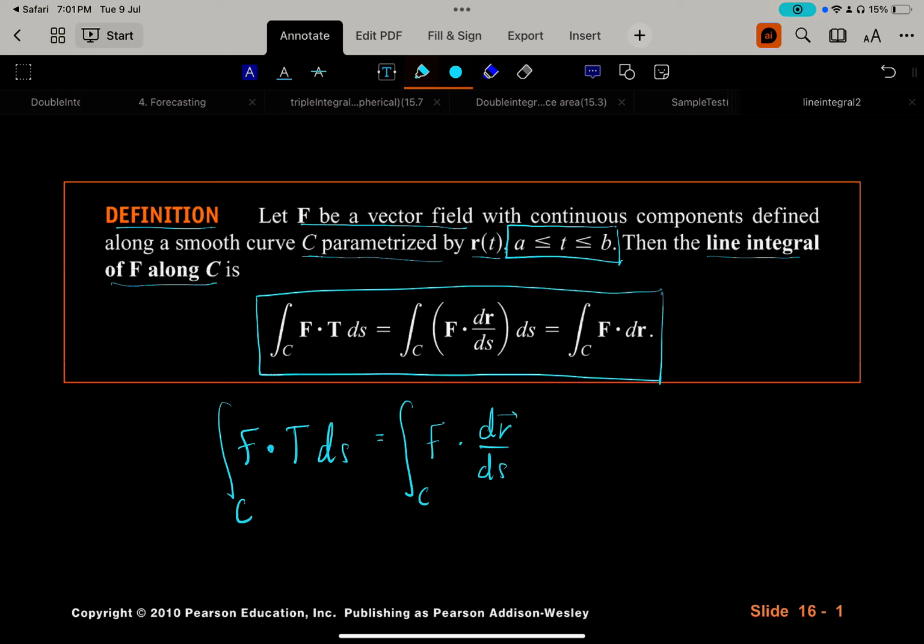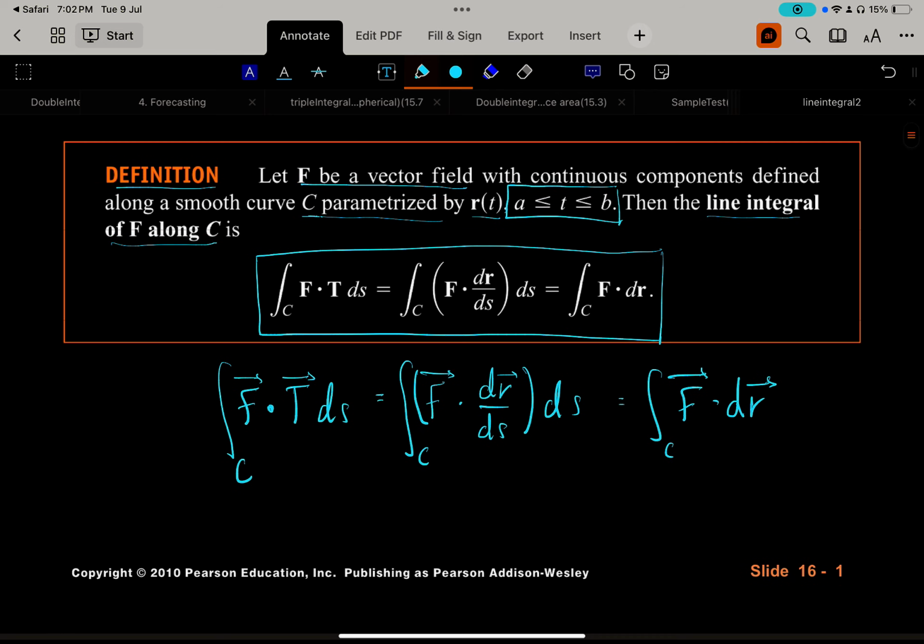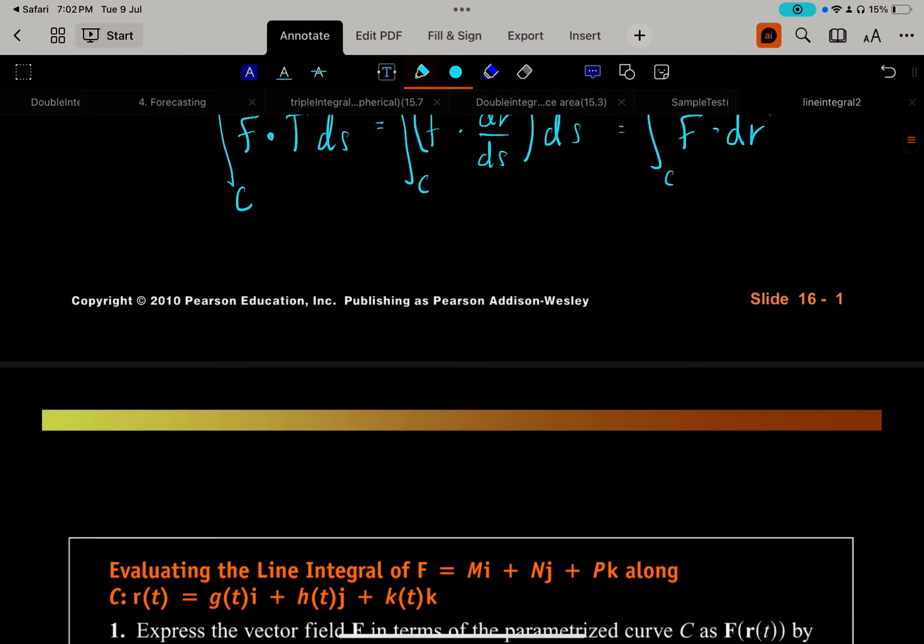Okay, so these are all vectors. As you can see, this is a vector and this is a vector. dr over ds times ds is equal to F dot dr. And so these are all ways to define the line integral.